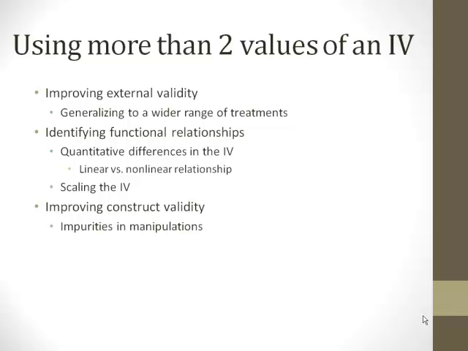Are those attributable to the differences in the construct of smelliness, or are they other differences in the stimuli and the experiences that people are responding to? Right? And if you do a simple experiment, you just have two levels. It's hard to really identify that or tease that apart. But when you use more than two values of the independent variable, you can get at that by, again, looking at qualitative differences in the IV.